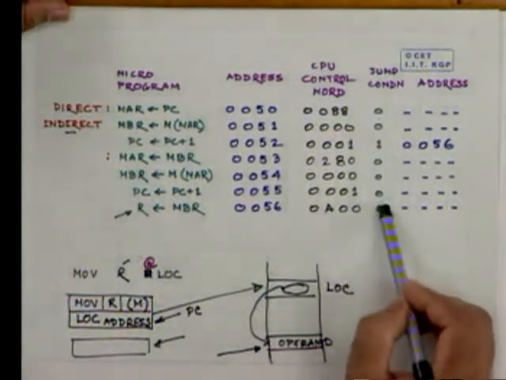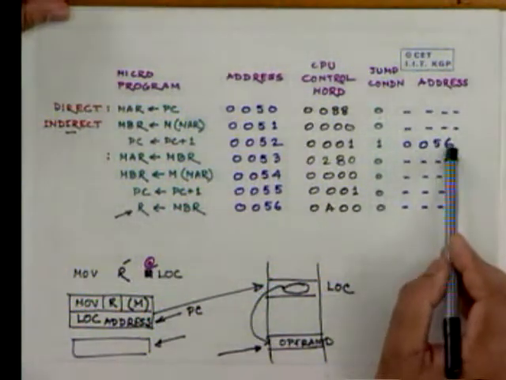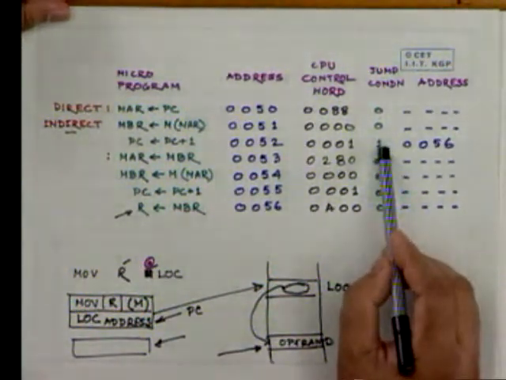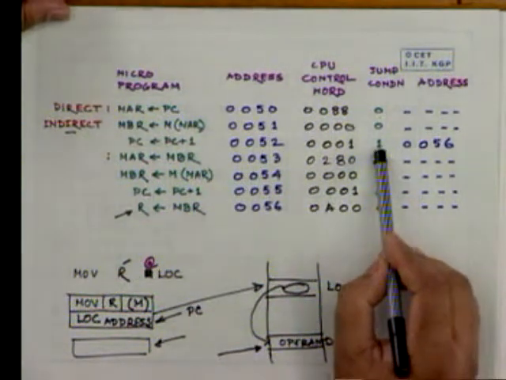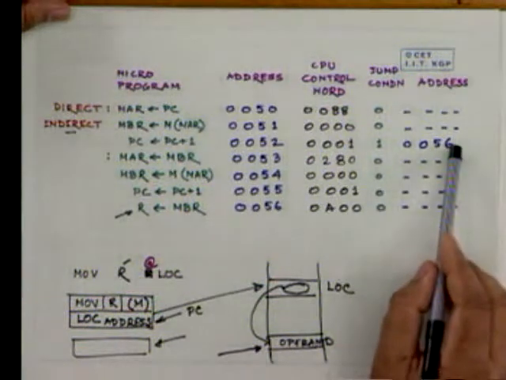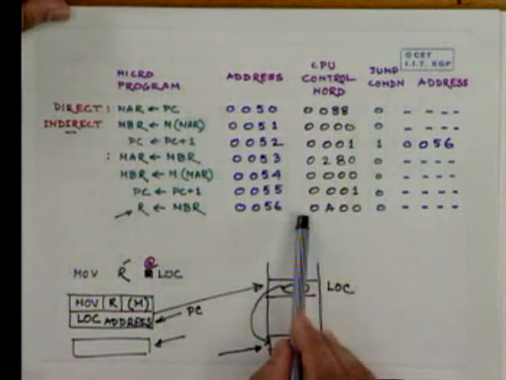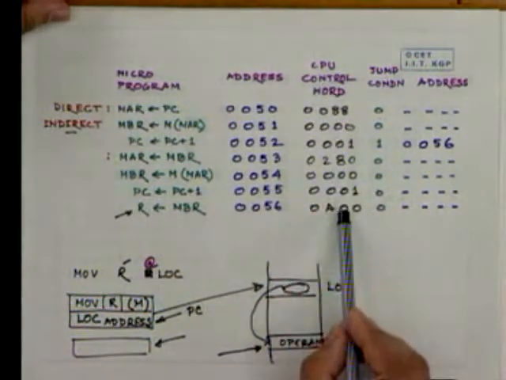Therefore, the jump condition tells when to take a jump, and if the jump condition is true, then the address field tells me which micro instruction we should jump to, to get the next micro control word for execution.